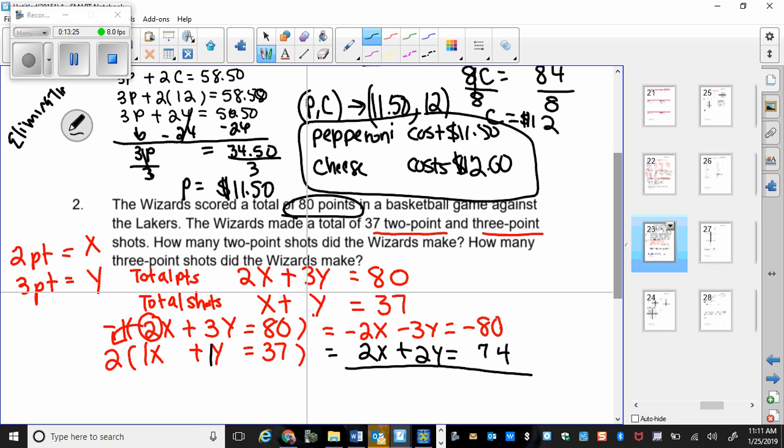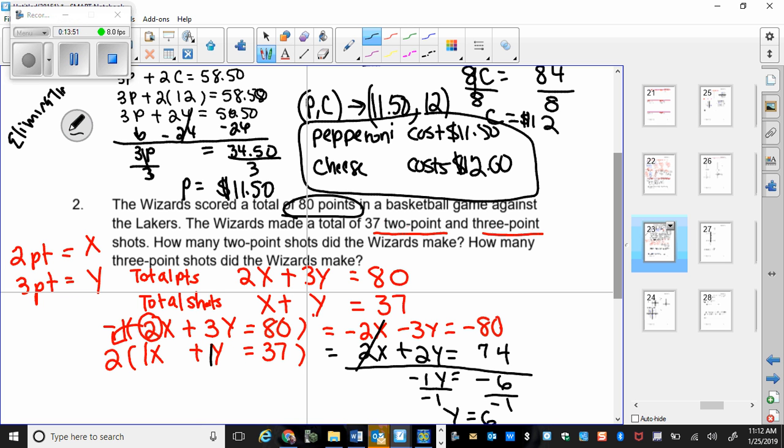Then I eliminate: 2x minus 2x goes away. I get 1y equals -80 plus 74, which is -6, so -1y equals -6. Divide by -1 on both sides, and y equals 6.